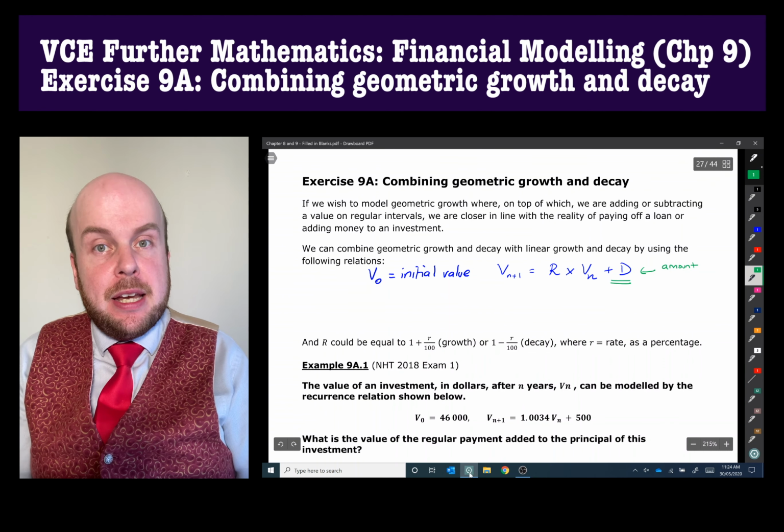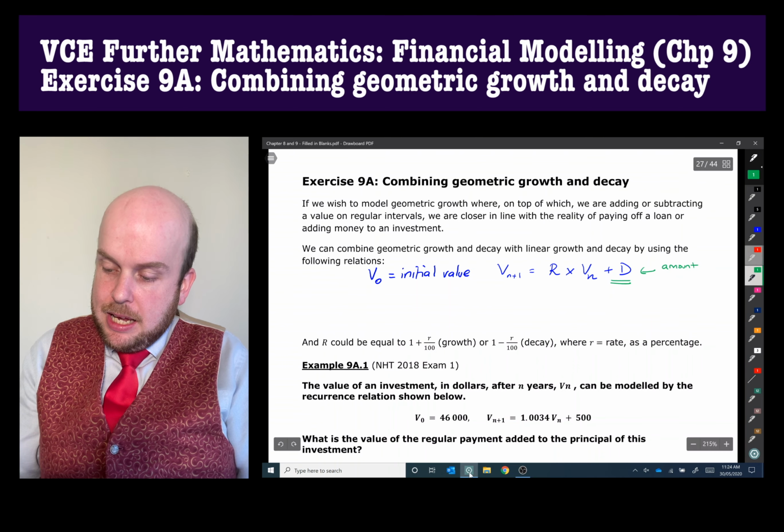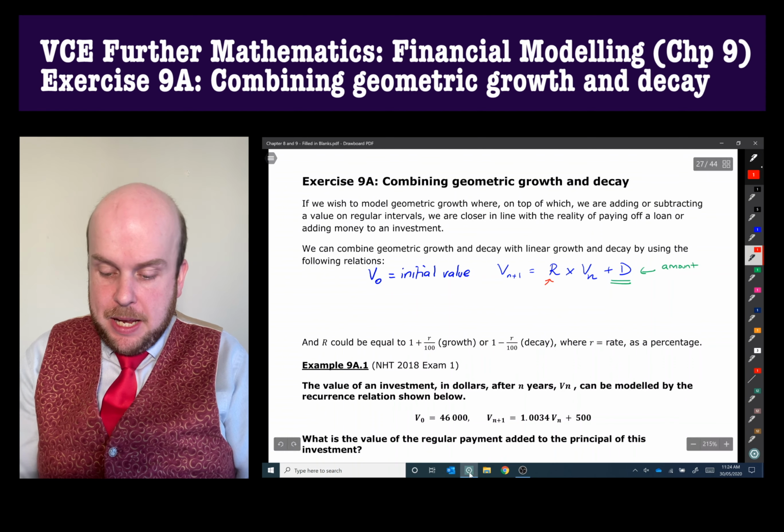So perhaps it's an additional monthly investment that we're putting in. And the R value, well, that is the interest being added to it.